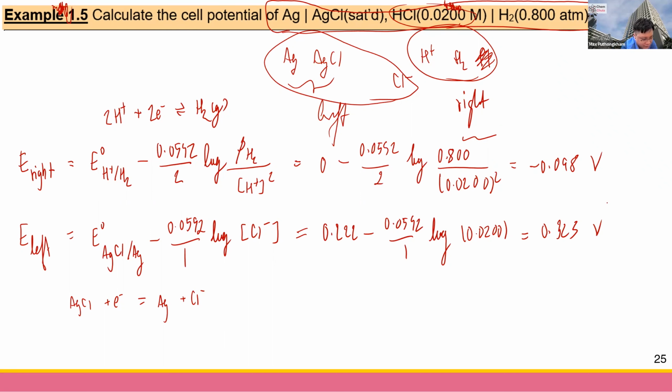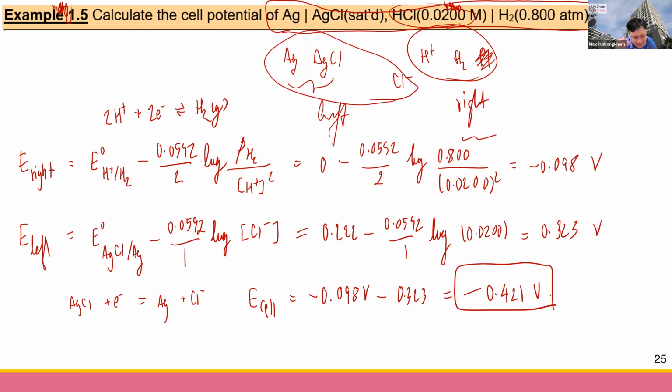Now we find E cell. E cell is equal to E right minus E left, which is minus 0.098 volt minus 0.323 volt, which is minus 0.421 volt. So it cannot be operated, basically.